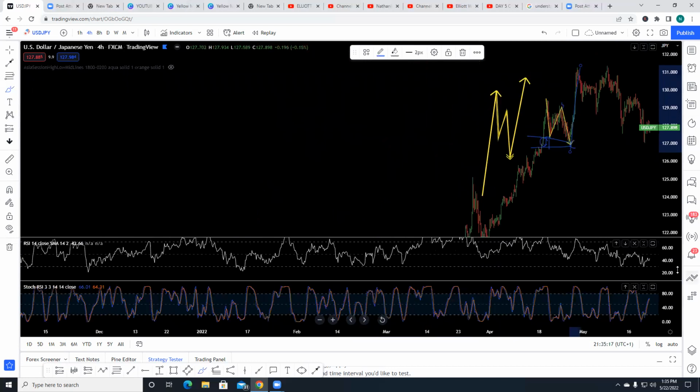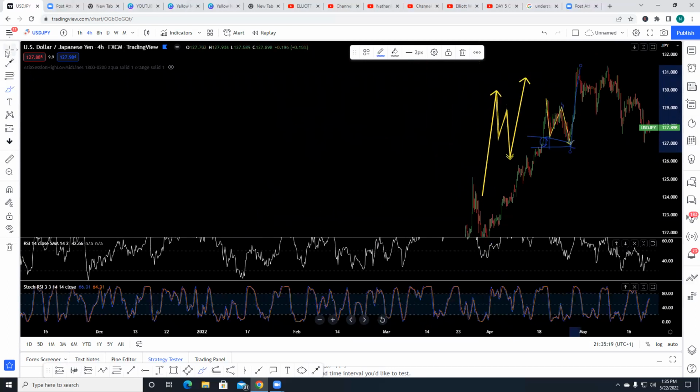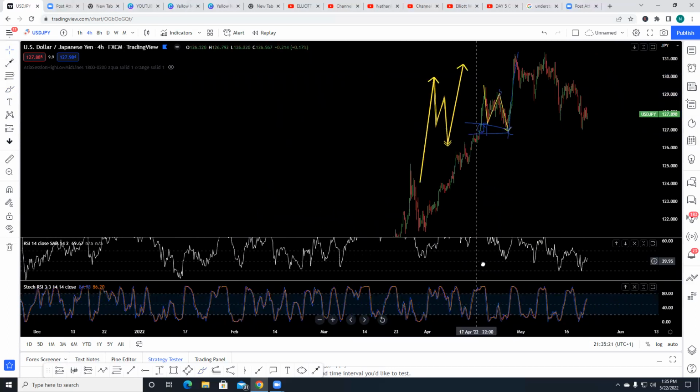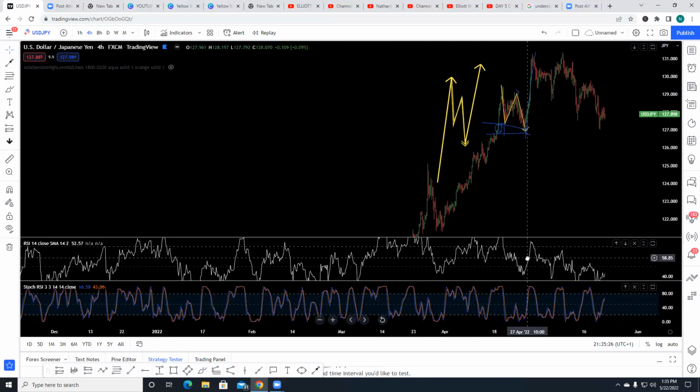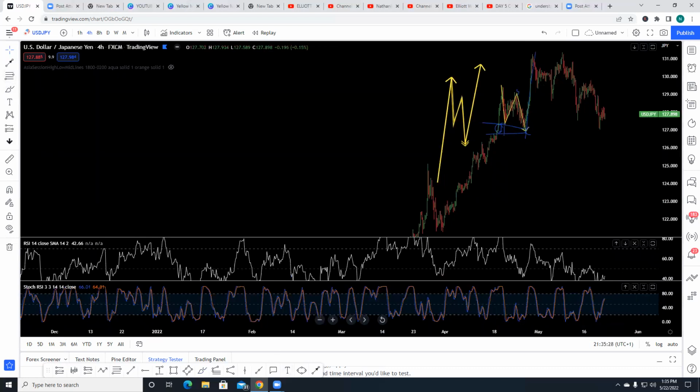And look at stochastic and stochastic RSI. Both of them in a zigzag corrective structure must reset themselves to the low for you to say that that structure is complete. Let me bring a horizontal line and put it here, guys. Boom. Can you see? If you look at this one now, look at the RSI, reset to the low.